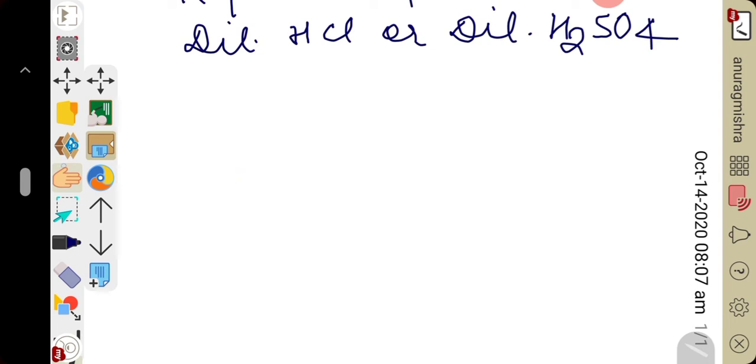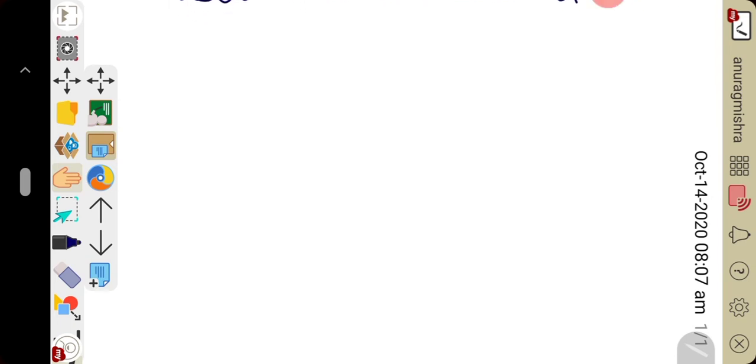Take a flat bottom flask. Granulated zinc will be kept in the flat bottom flask.